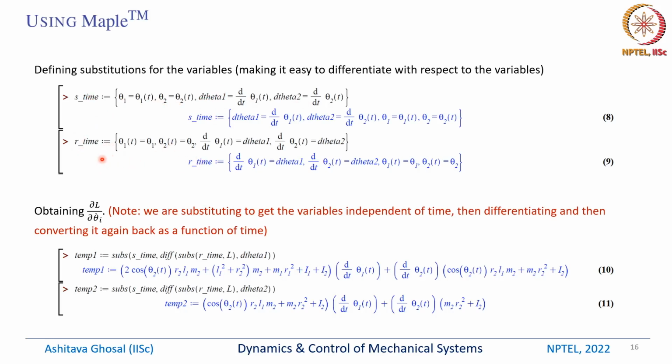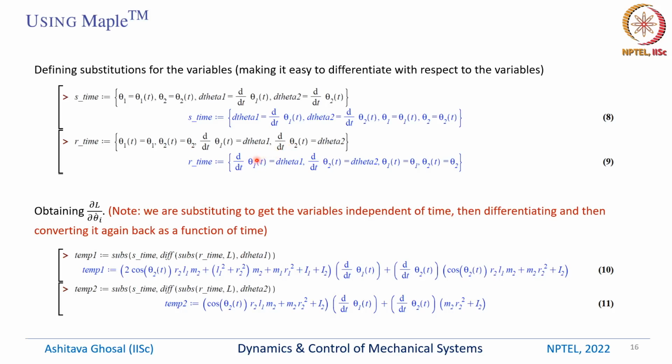Then you can switch the order and say that d theta 1 by dt is basically this new variable d theta 1, and d theta 2 is this variable d by dt of theta 2. Okay, and we obtain the partial of the Lagrangian with respect to d theta i dot. We are substituting to get the variables independent of time.